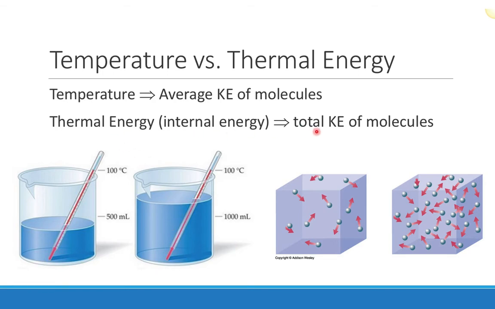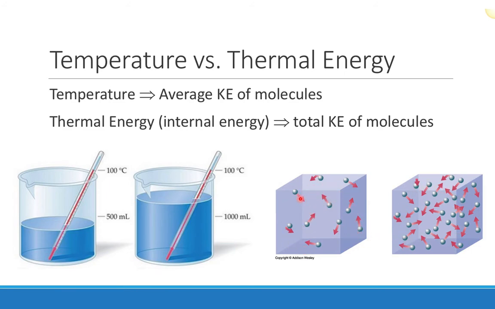The thermal energy depends on the total kinetic energy. Even though they have the same average kinetic energy, there is more material in the right-hand container, and so there would be more thermal energy because there's more of the substance. And this is just another picture representing the same thing. The molecules in the block on the left, maybe it's a gas, have the same average kinetic energy as in the right.